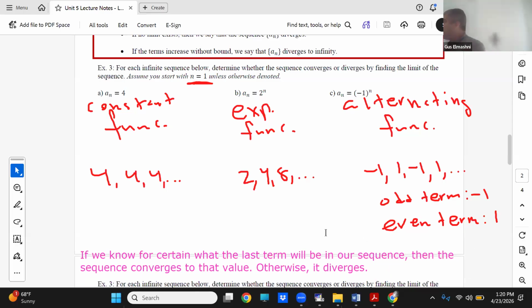If we know for certain what the last term will be in our sequence, then the sequence converges to that value. Otherwise, it diverges. That's the essence of this example, right?